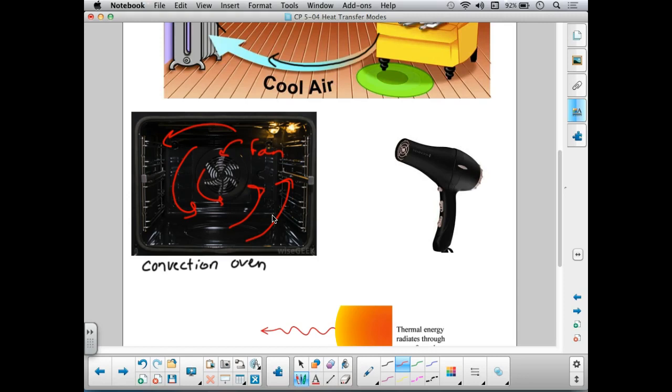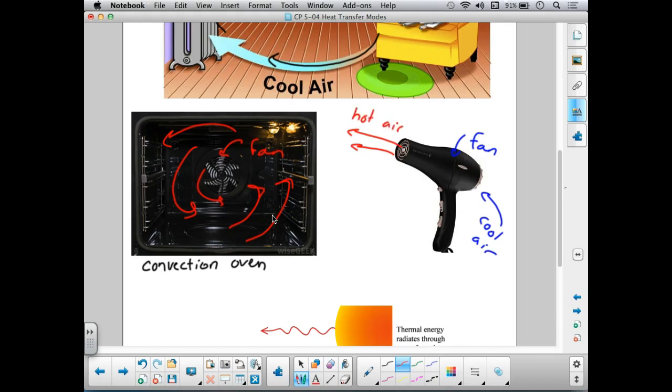On the right hand side over here, this is a hair dryer, of course, and it's another example of forced convection. There is a fan inside of the hair dryer and some heating elements. There's some coils that get very, very hot, and we're going to take in cool air from this side, and we are going to blow out hot air from the other side.